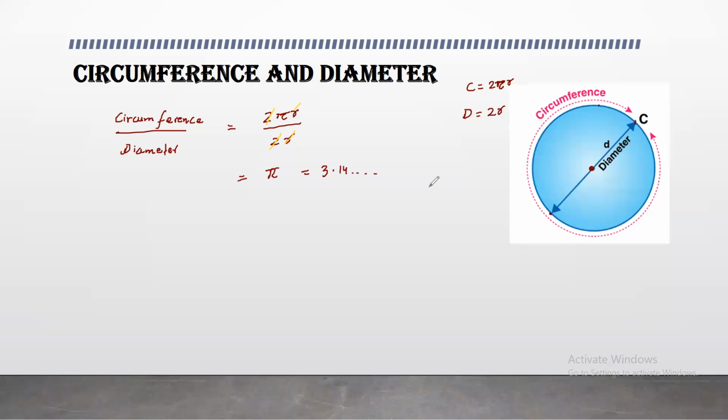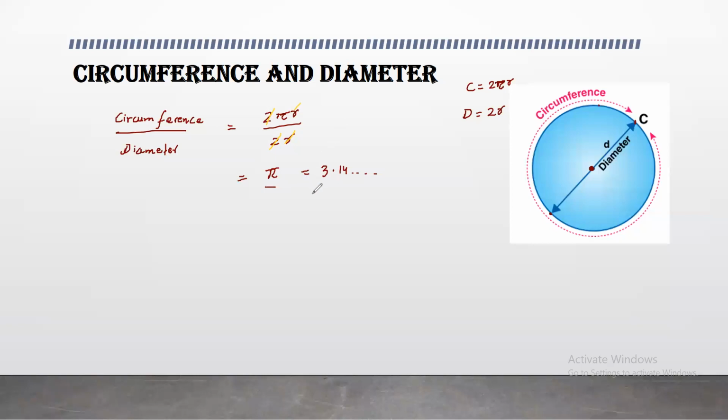In this way we can generate the value of pi. This value of pi will help us to find the area of a circle, perimeter of a circle, as well as sector area and arc length. Different formulas use this value. So we move on next.